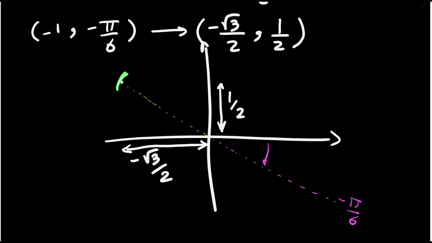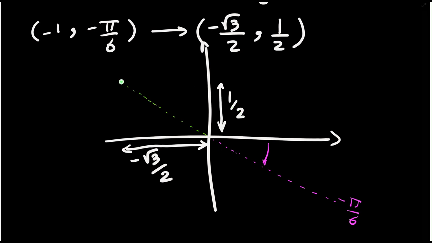So this one is negative 1 and negative pi over 6, but I can read it as positive 1 and 5 pi over 6.